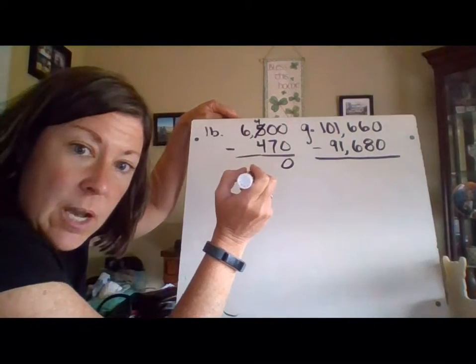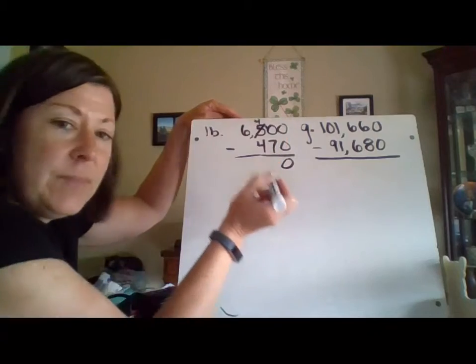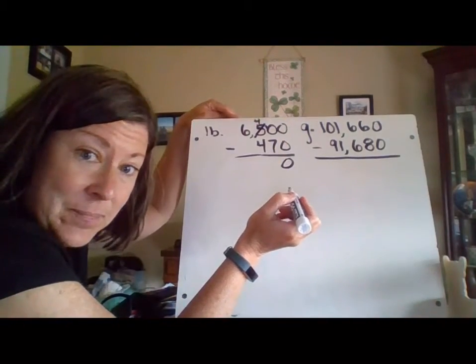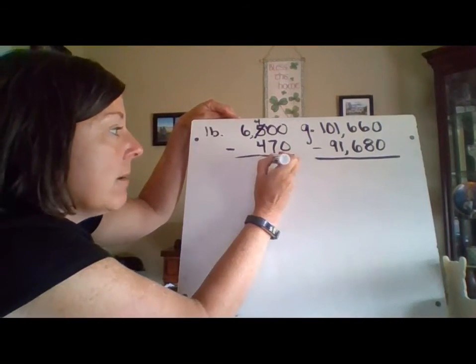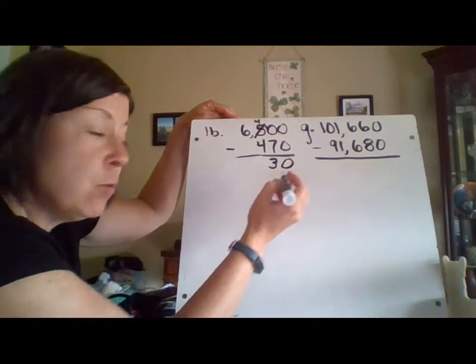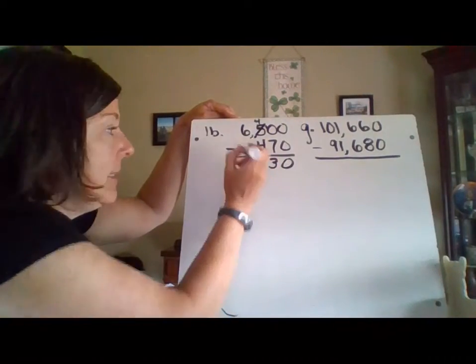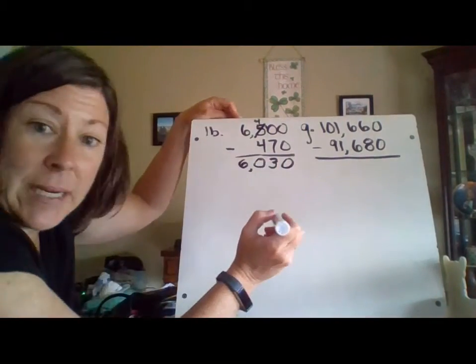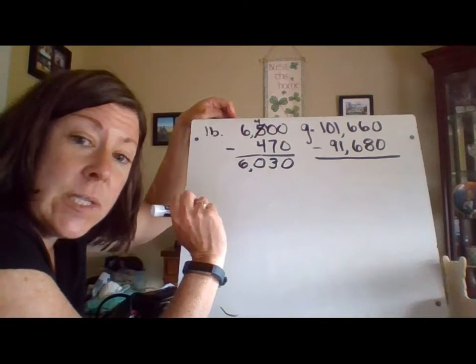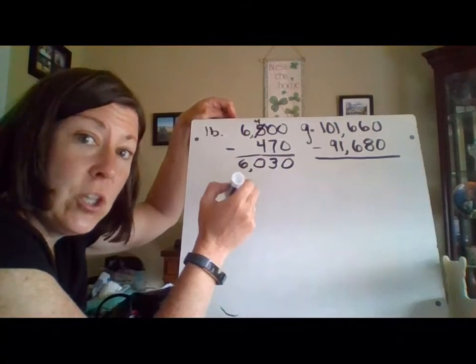I borrow from the hundreds, so that becomes a 4, and this becomes a 10. 10 minus 7 is 3. 4 minus 4 is 0. And 6 minus nothing is 6. So 6,500 minus 470 is 6,030.